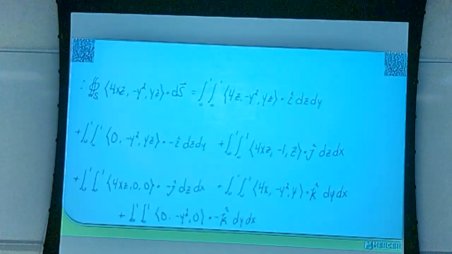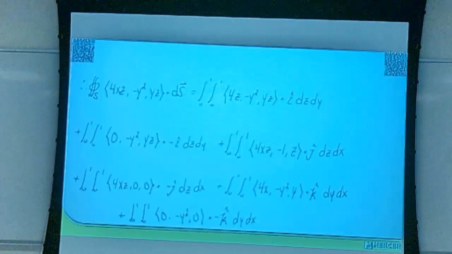What is i in component form? It's 1, 0, 0.